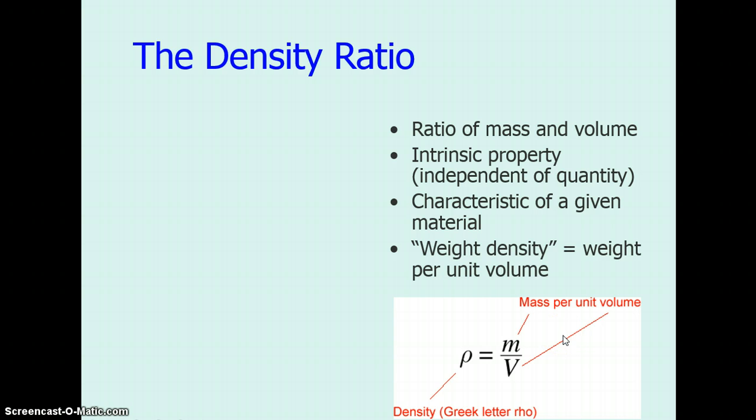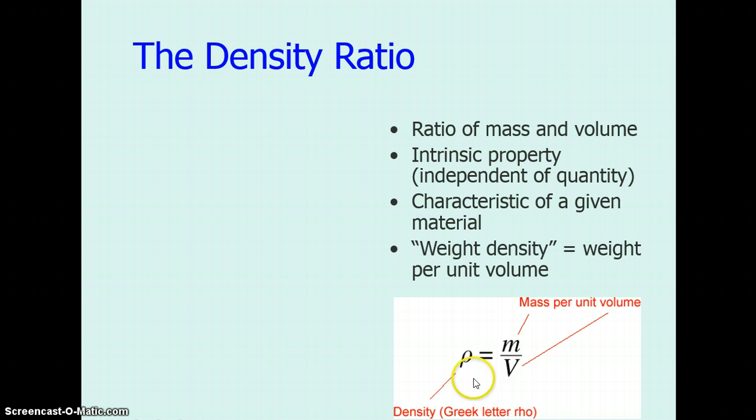Anytime we have equations, it's good to know what the units are and to stick with the proper units. The mass here is usually measured in grams. The volume is measured in cubic centimeters, centimeters raised to the 3rd power. In hospital settings, for example, they use cc's, which stands for cubic centimeters. It's the same thing.